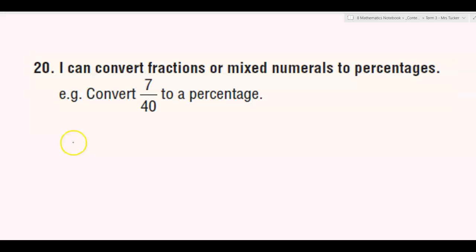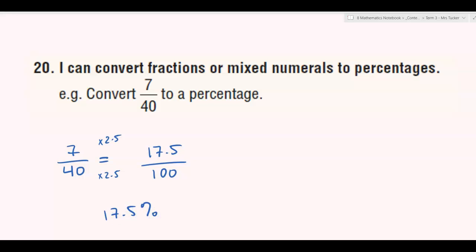Done? Okay, option 1 is that you realize that 40 goes into 100 2.5 times. So you multiply by 2.5, you multiply by 2.5, and you get 17.5 out of 100, which is 17.5%. Is that right?